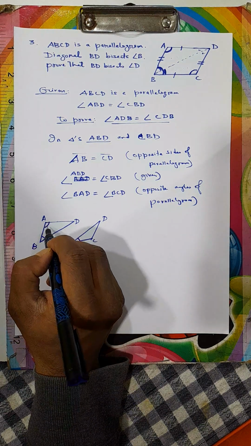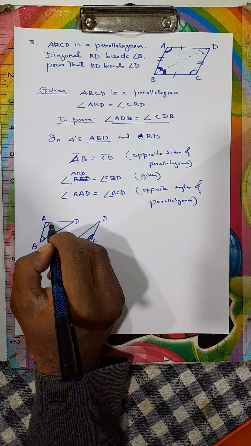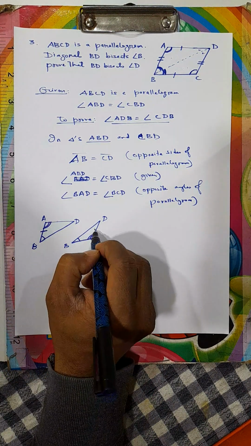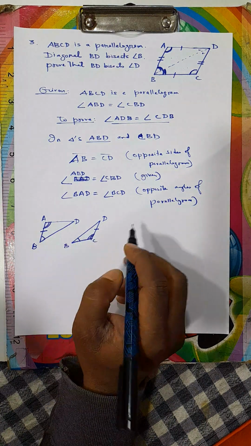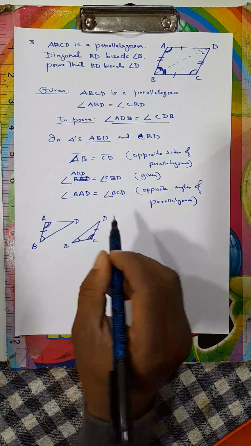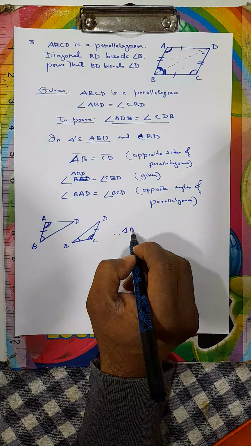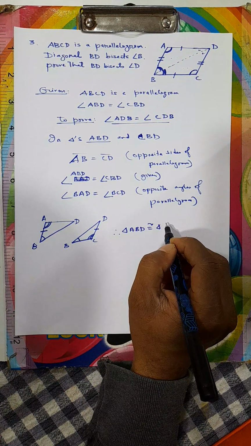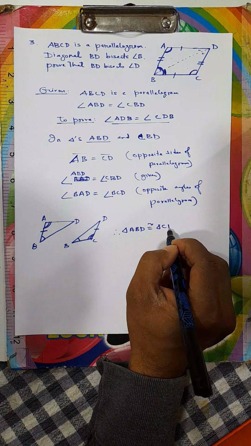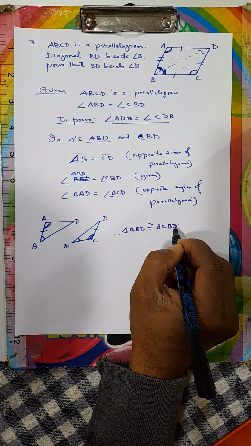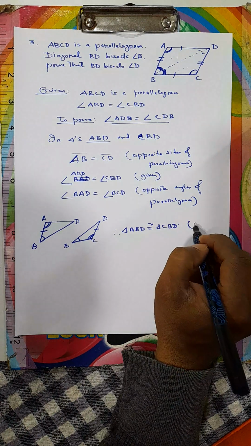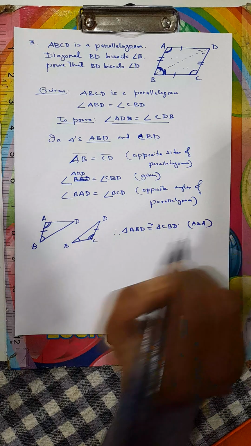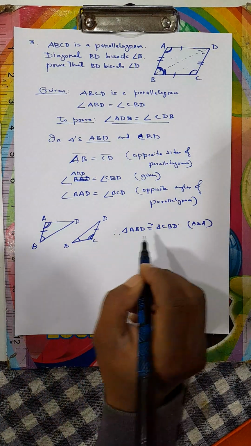This angle equal to this angle, right? Then you find AB equal to CD, opposite sides of parallelogram. So these two triangles are congruent. Therefore, triangle ABD is congruent to triangle CBD. Right? Why? Angle, side, angle criteria. These two triangles are congruent.